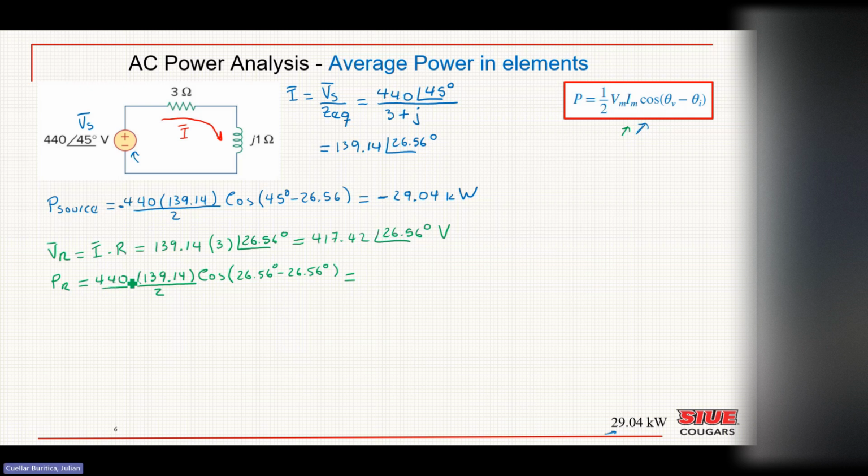Okay, no, this is not the current voltage. This should be the voltage over the resistor. That is 417.42. Okay, we know that the cosine of that thing is going to be equal to 1 because it's the cosine of 0.